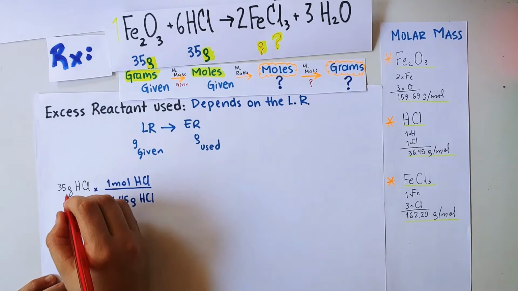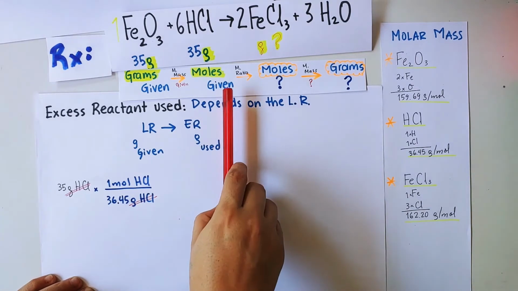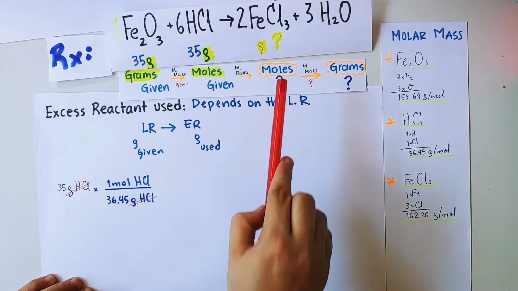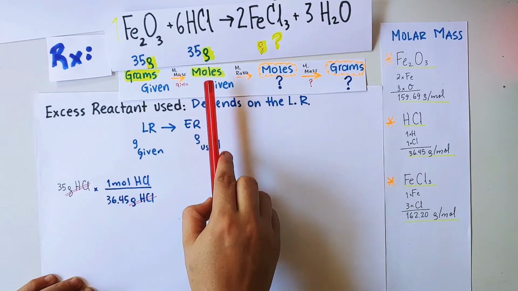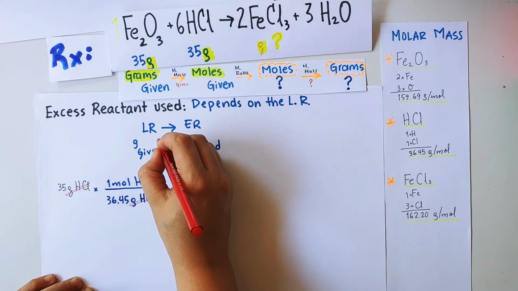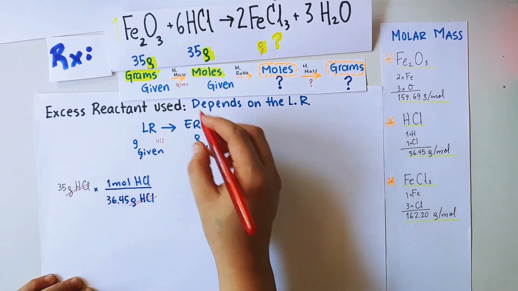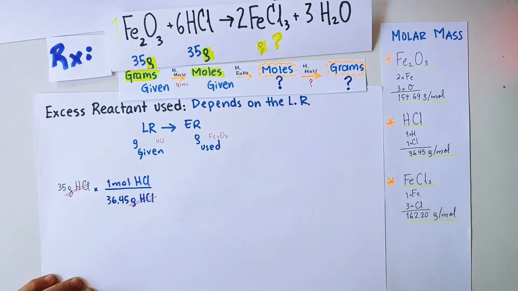This allows you to eliminate the grams with the grams. And then comes the second step, moles given to moles unknown. You need to use the mole ratio. The substance given is HCl, and the unknown is Fe2O3, iron 3 oxide.